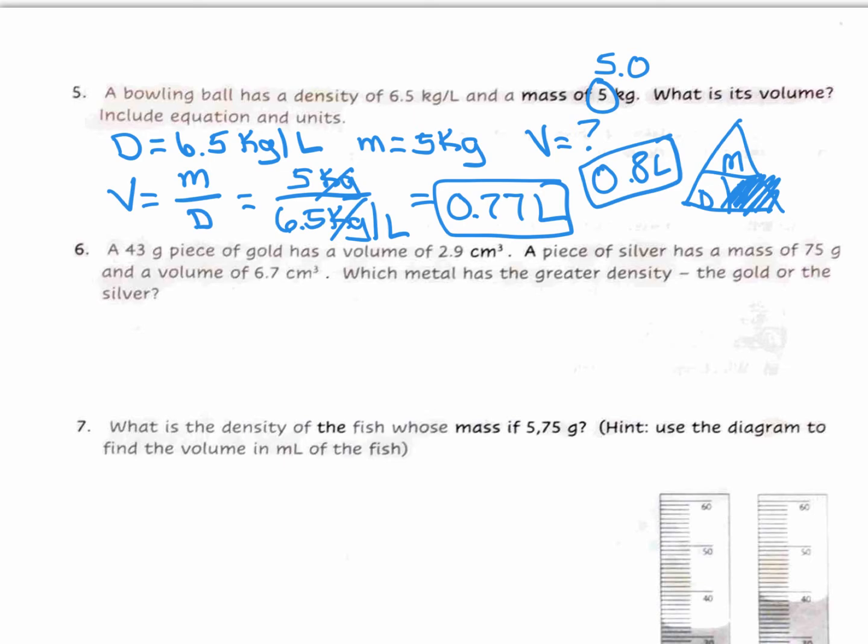All right, number 6. A 43-gram piece of gold. So actually, I want to organize this a little bit different. I'm going to be calculating for gold. Hang on, I'm in highlighter mode. I'm going to calculate for gold and silver.